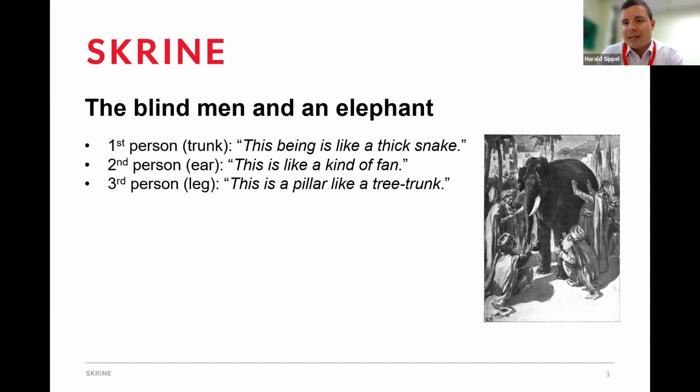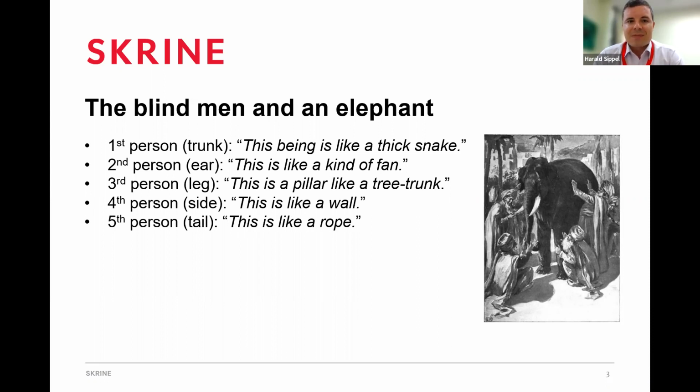The third man touches the leg and says, oh, wow, that's like a tree trunk, really big and straight. The fourth man says, oh, this is like a wall, because he touches the side and it's just a huge space. The fifth person touches the tail at the back of the elephant and says, this is like a rope.